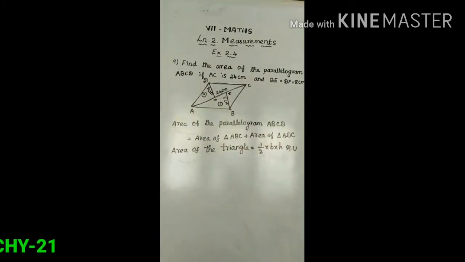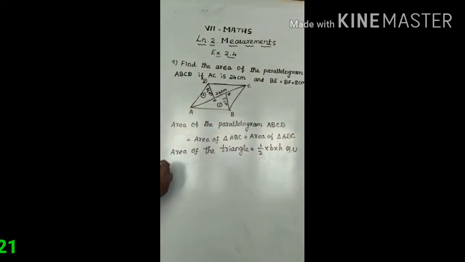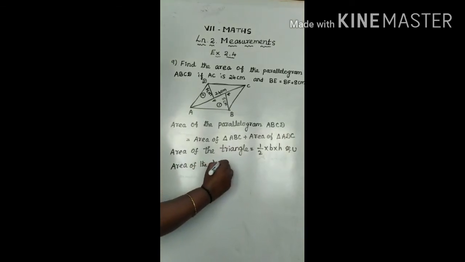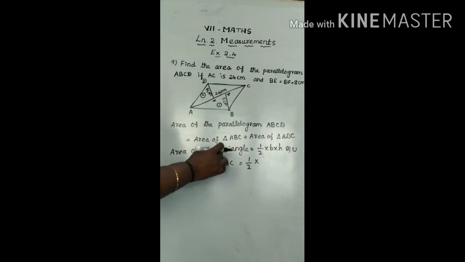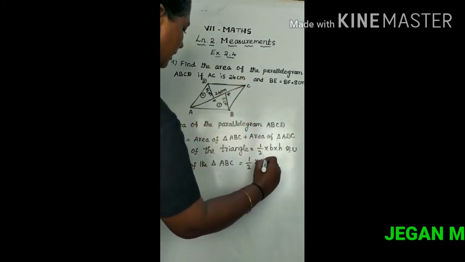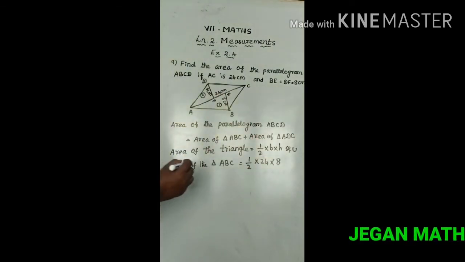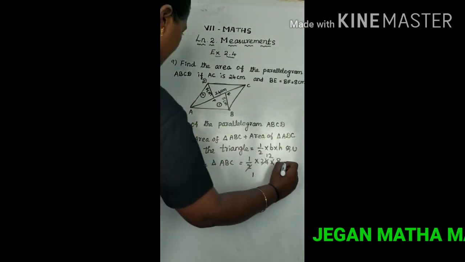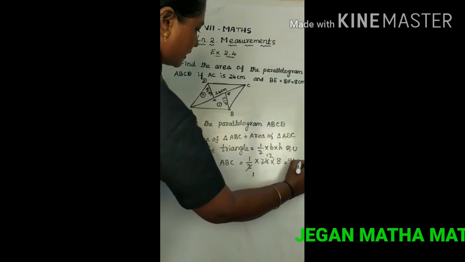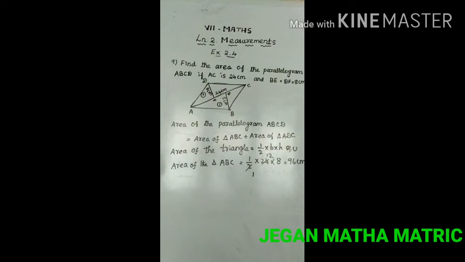So first we find the area of the triangle ABC, which is 1 by 2 multiply with base 24 centimeter and height 8 centimeter. Simplify: 1 2s are 2, 12 2s are 24, then 12 8s are 96 centimeter square. So the area of triangle ABC is 96 centimeter square.